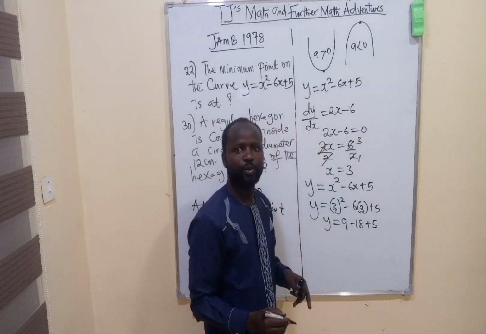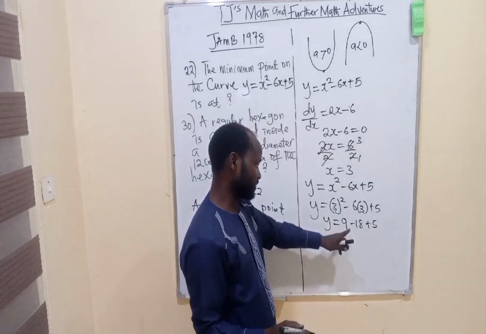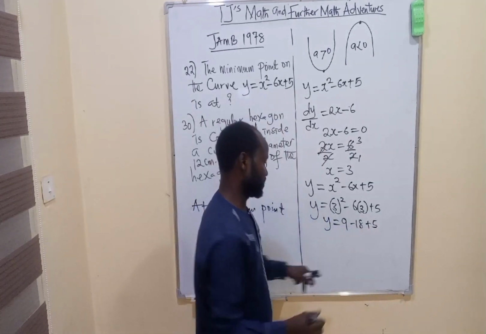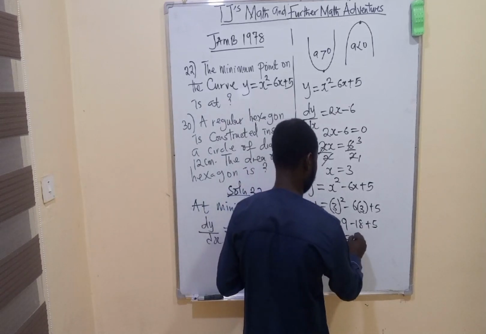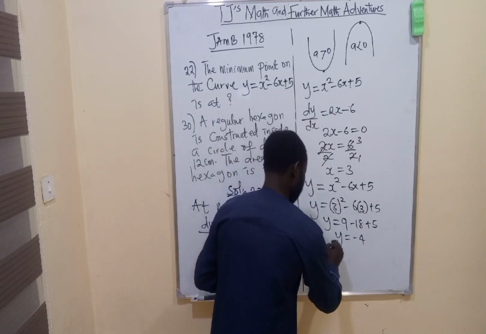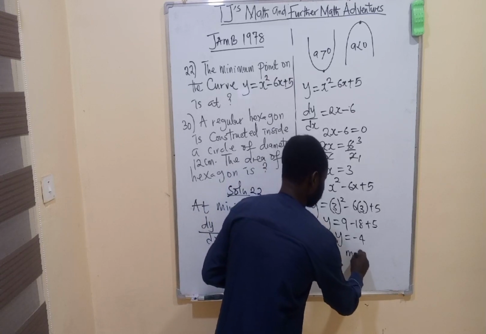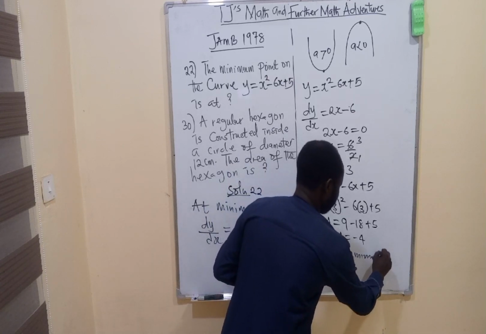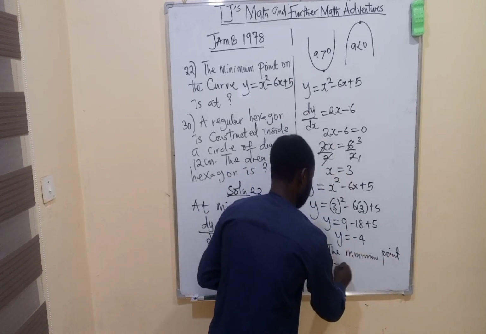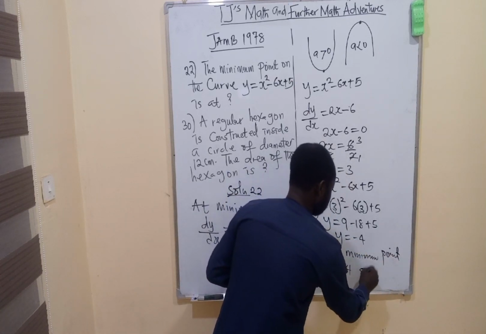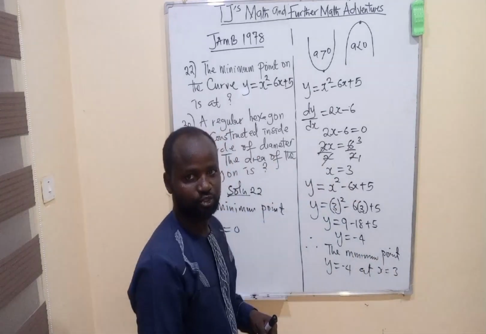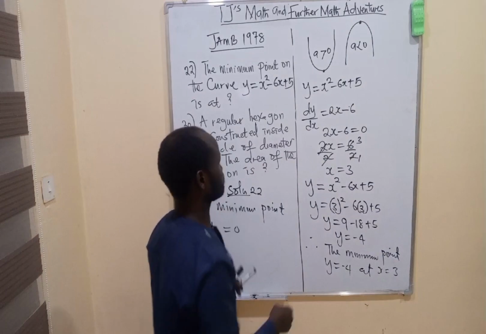Following the rules of BODMAS, we add: 9 plus 5 is 14, and 14 minus 18 is minus 4. Therefore, the minimum point is y equals minus 4 at x equals 3. So this is the solution to the first question, 22.